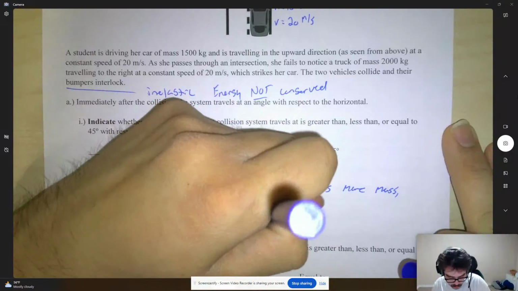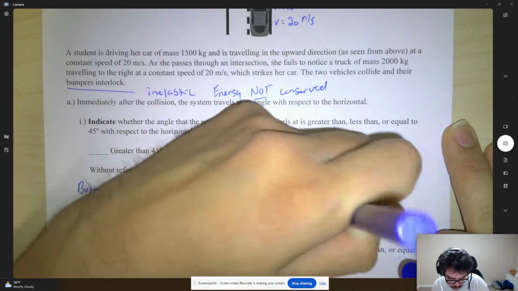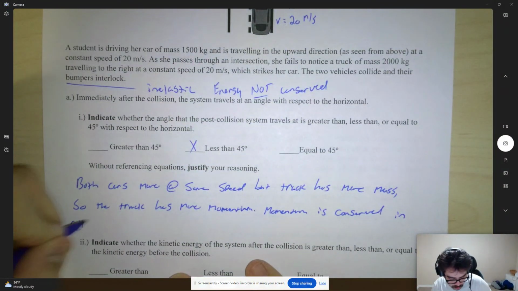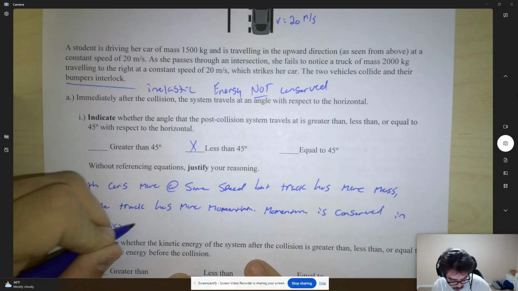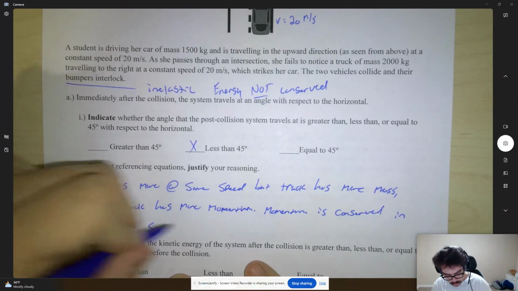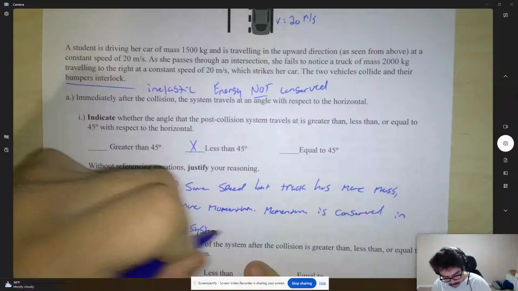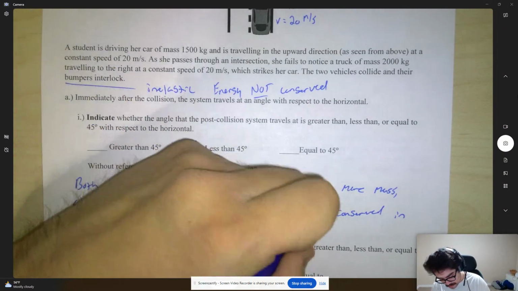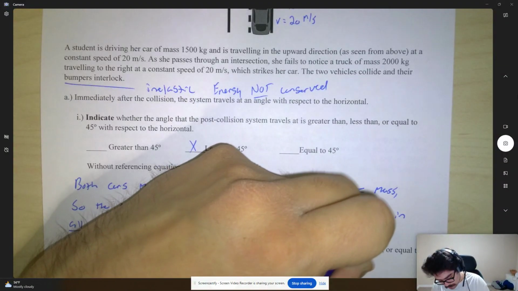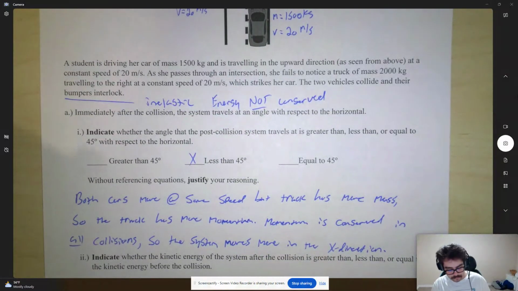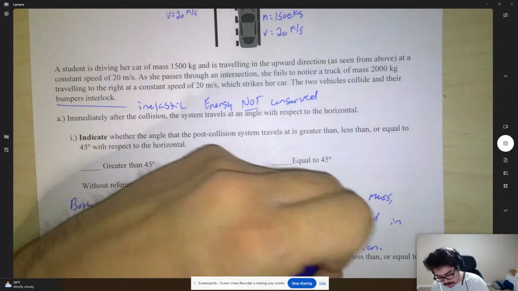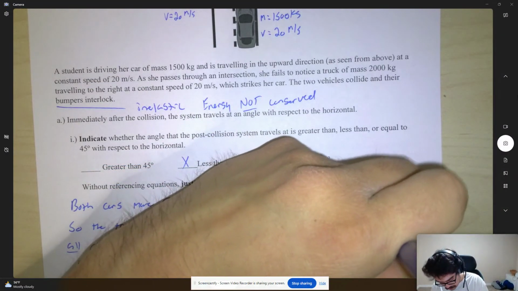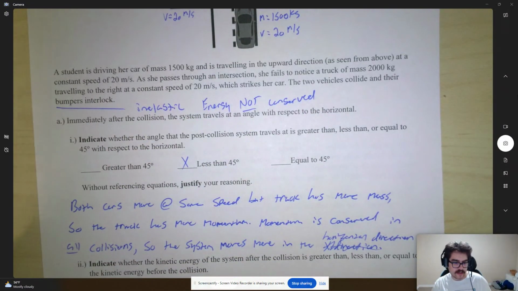Momentum is conserved in all collisions, so the system moves more in the x direction. And by x I mean, I'll just say horizontal direction. Let's just say horizontal direction. Why not, right?